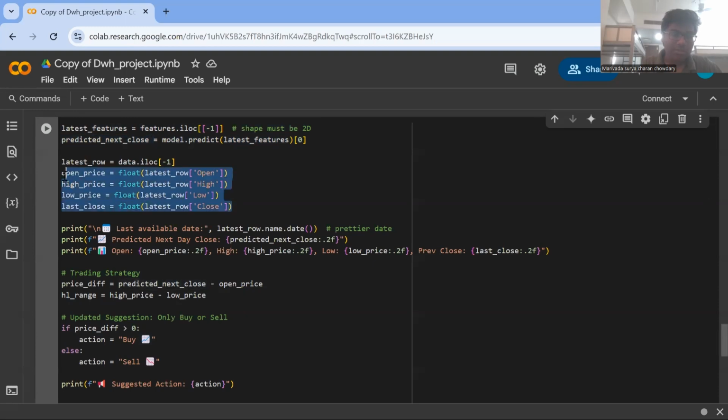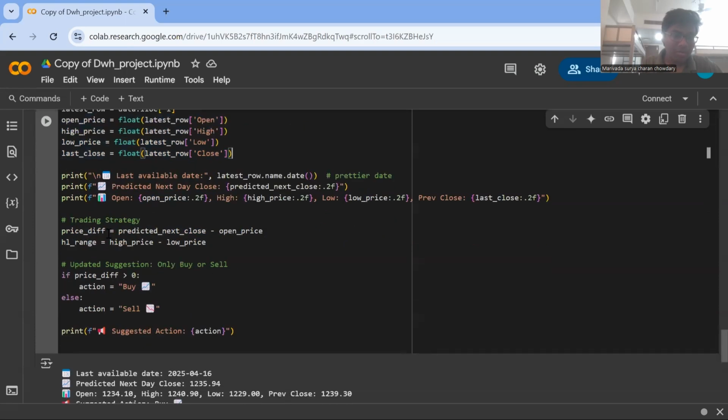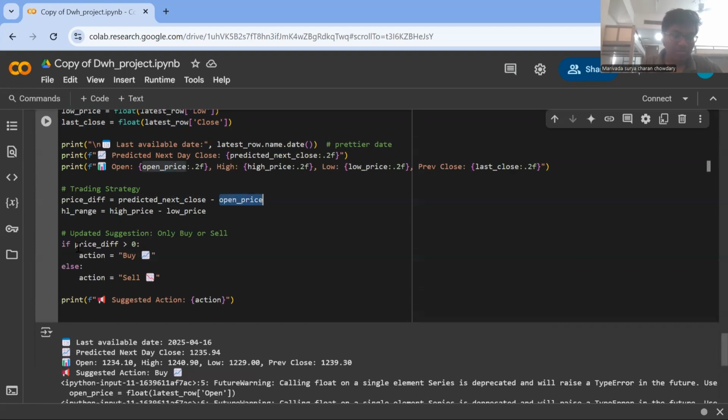And these are the prices of the most recent data. It is the opening price of recent data stored in our Yahoo Finance stock market information. And here we have computed the price difference between the next day's closing price and today's opening price. If the price difference is greater than zero, that means the next day's closing price is greater than the opening price, then we have to buy the stock.